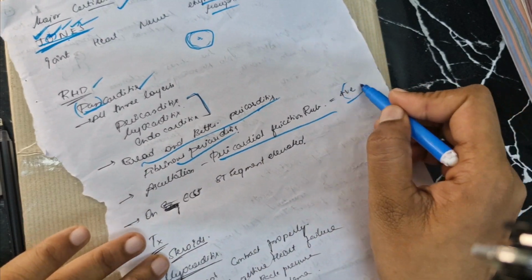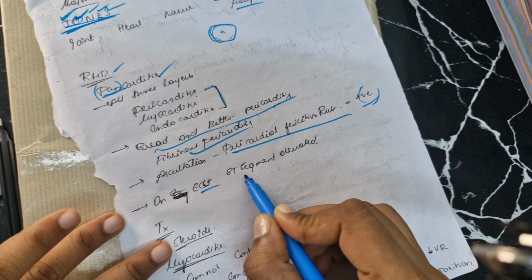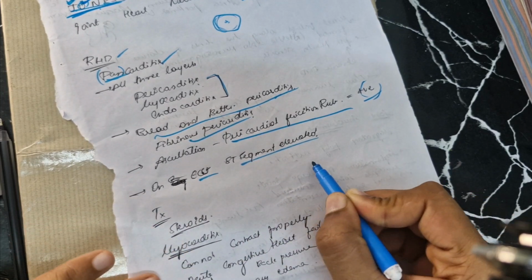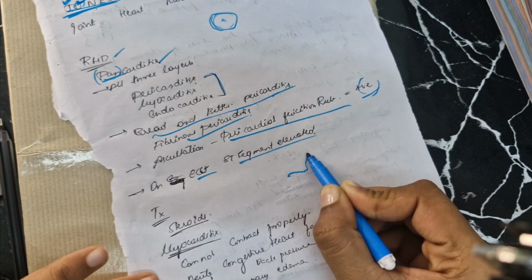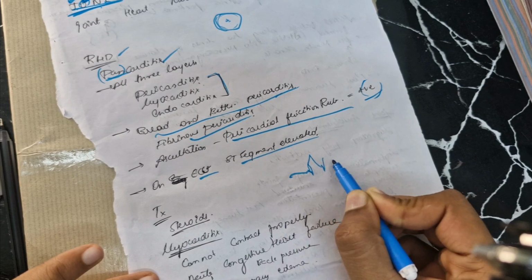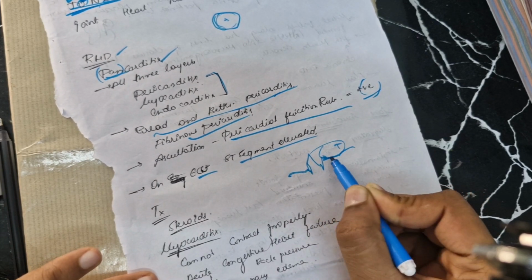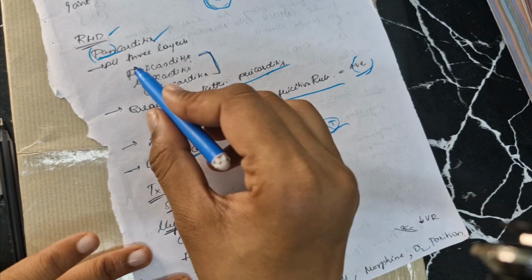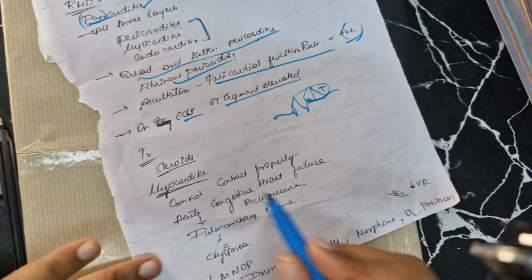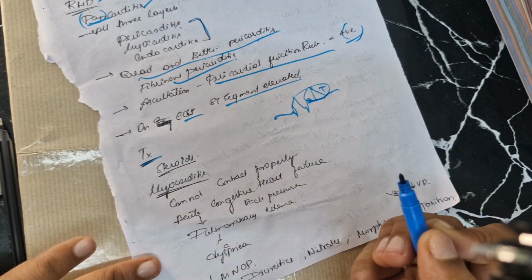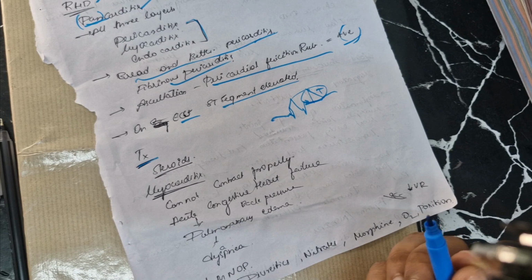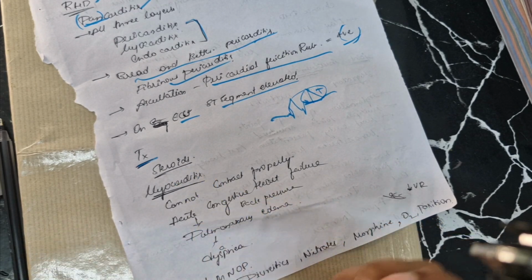That sound will be positive in this case. On ECG, the ST segment will be elevated in rheumatic heart disease. The treatment for this will be steroids, which reduce inflammation.